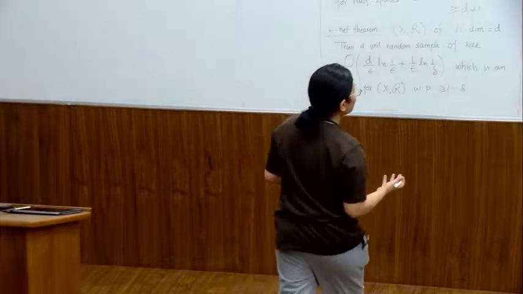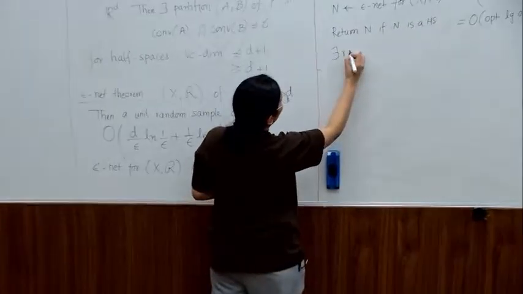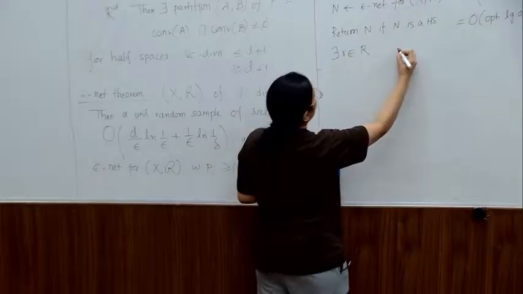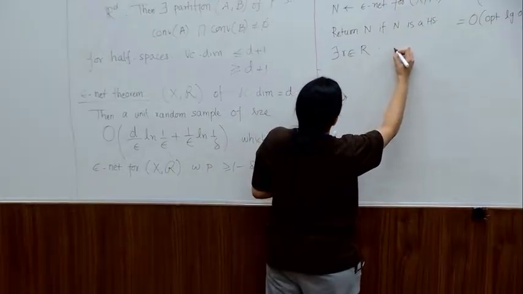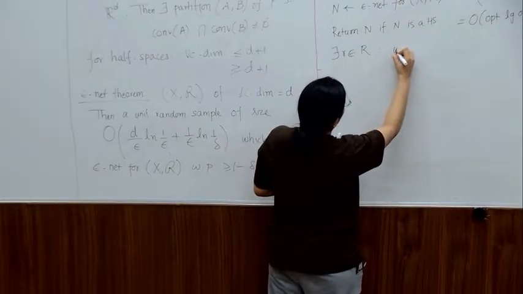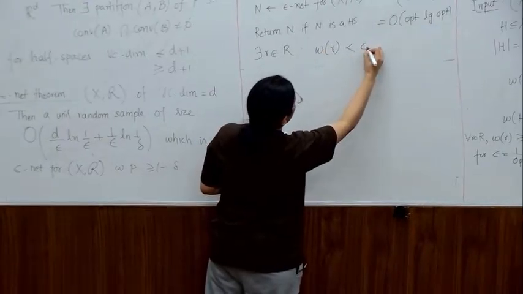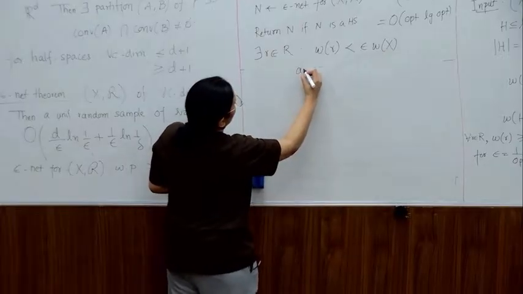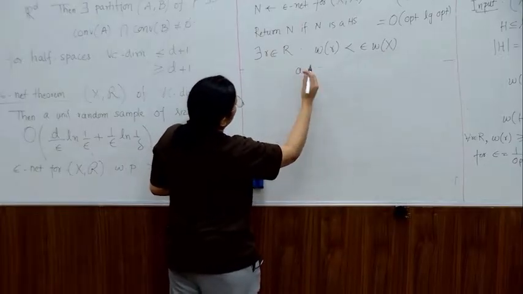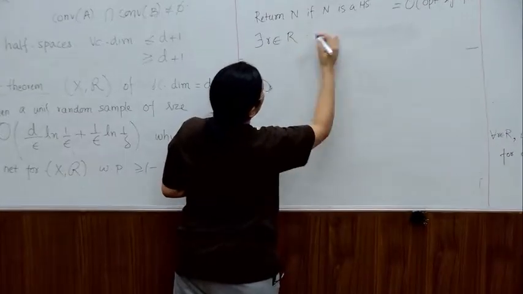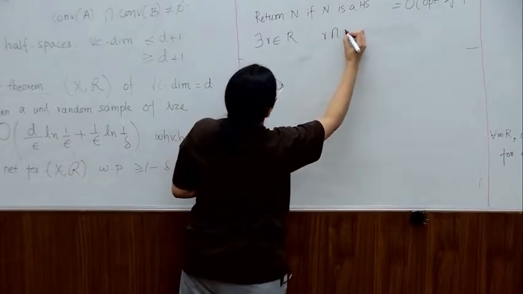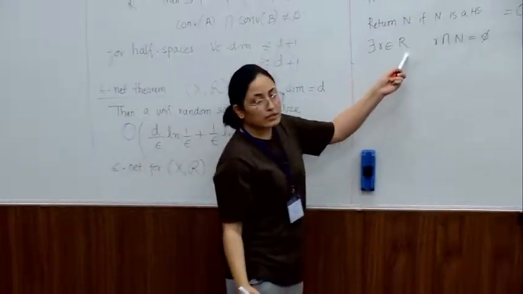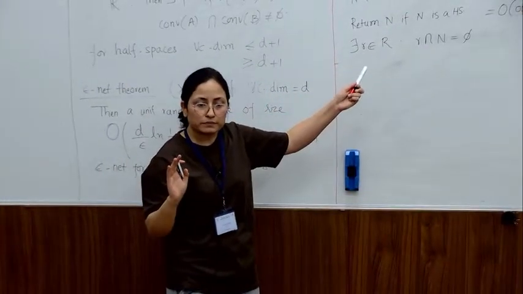So there exists a range R in the range set such that the weight of this range is less than epsilon times the entire weight of X, or I can simply say that this range is not hit, such that R intersection N is empty.